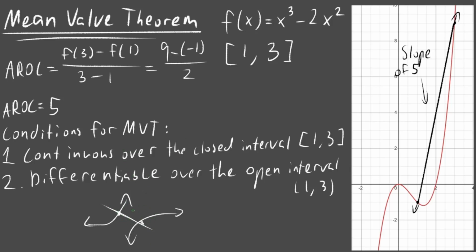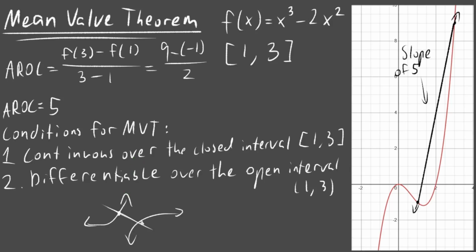Then we'll say the mean value theorem states that at some point we have to have an instantaneous rate of change that's equal to the average rate of change over here. And you'll look for it. You'll say, is it maybe up here? Is it maybe down here? And you'll have trouble finding it, because we're not continuous over our interval that we've chosen. And of course, if we're not continuous, we're also not differentiable over that interval.